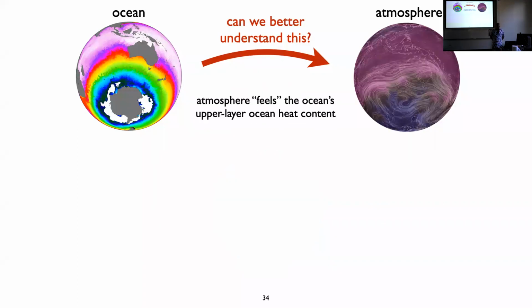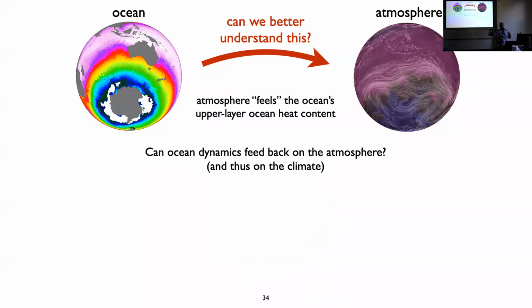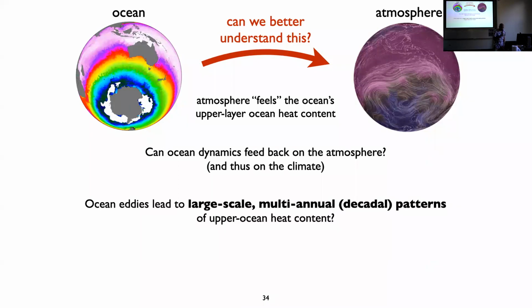In particular, we know that the atmosphere will feel the ocean's heat content at the top, what we call upper layer ocean heat content. And so we're trying to ask, can the ocean dynamics be important in the feedback from the ocean to the atmosphere, and thus affect the climate?